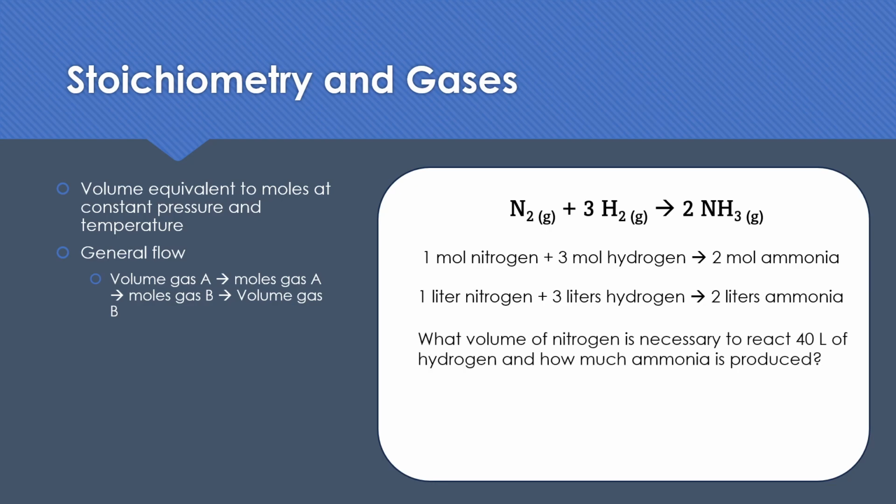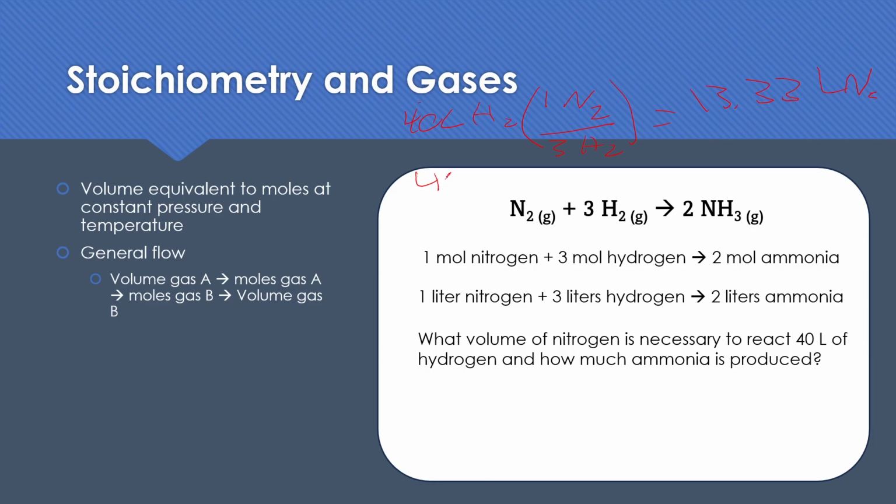So if I were to ask the question, what volume of nitrogen is necessary to react with 40 liters of hydrogen, and how much ammonia is produced? Well, I've got 40 liters of hydrogen and the ratio is 1 nitrogen per 3 hydrogens, okay, well, that's going to give me 13.33 liters of nitrogen.